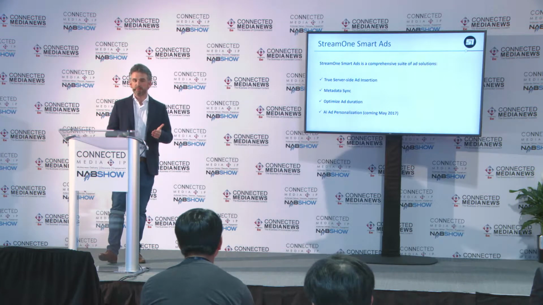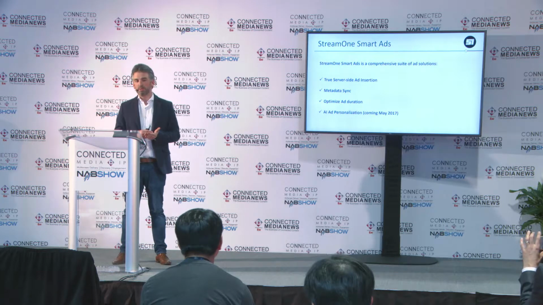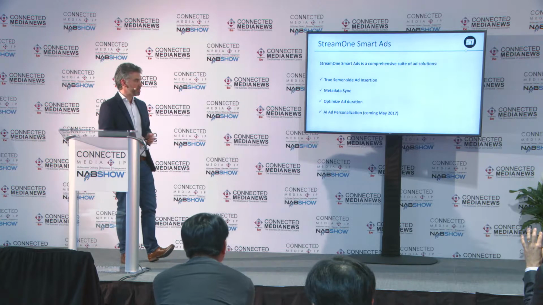So, for example, if it's a new user, we might show them fewer ads. But whether or not to show an ad might also depend on the type of device they use, the time of day, how many videos and how many ads they've already seen before. A lot of different factors. And so we're introducing this in May 2017.